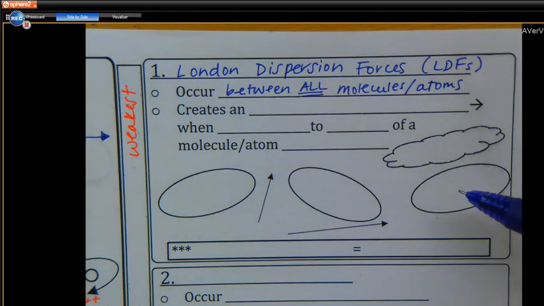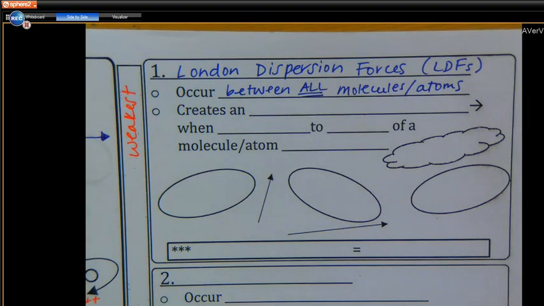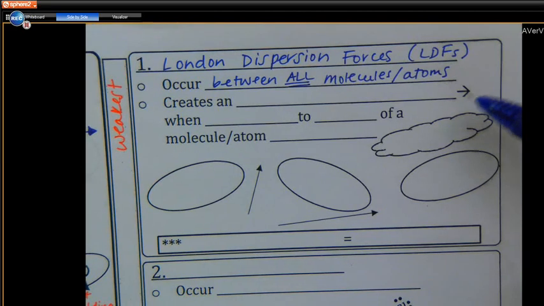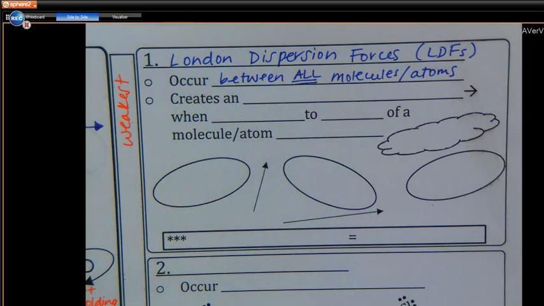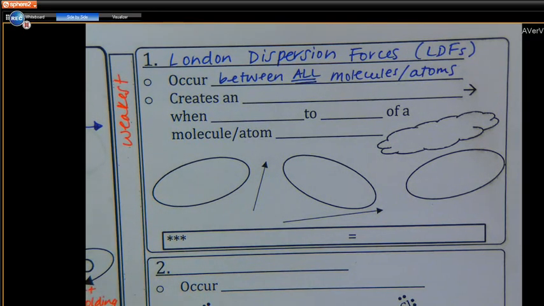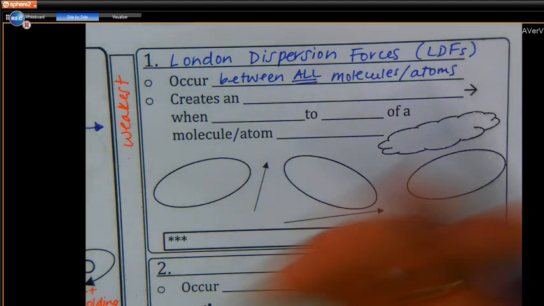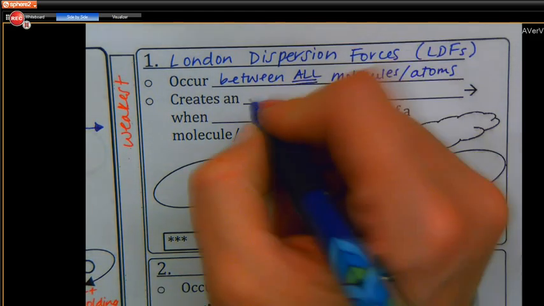London dispersion forces happen when molecules move close to each other and cause a temporary or instantaneous repulsion of the electrons, kind of moving them to one side of the atom or the molecule more than the other. So it happens when electrons move closer to one side of a molecule or atom for a moment.